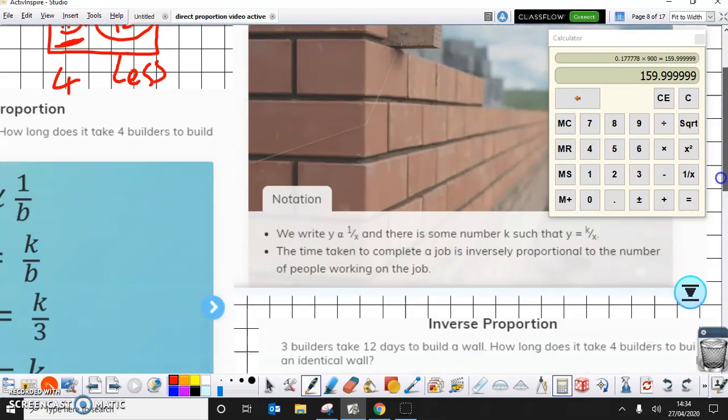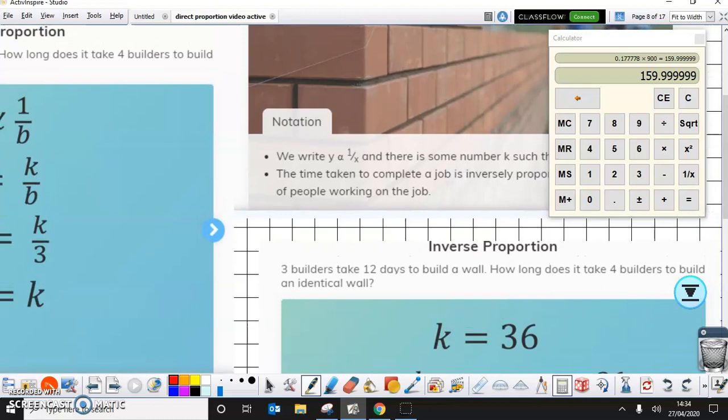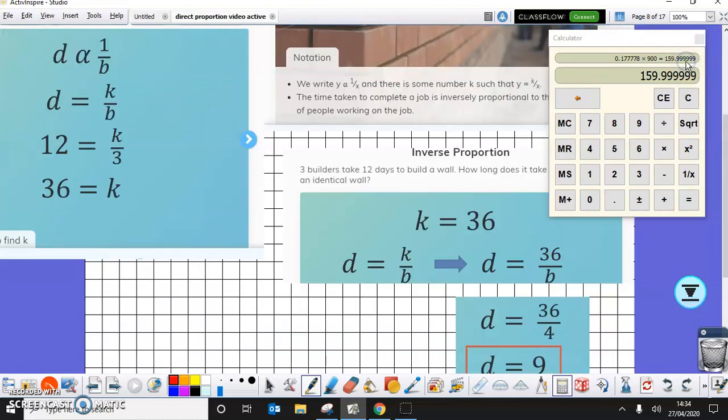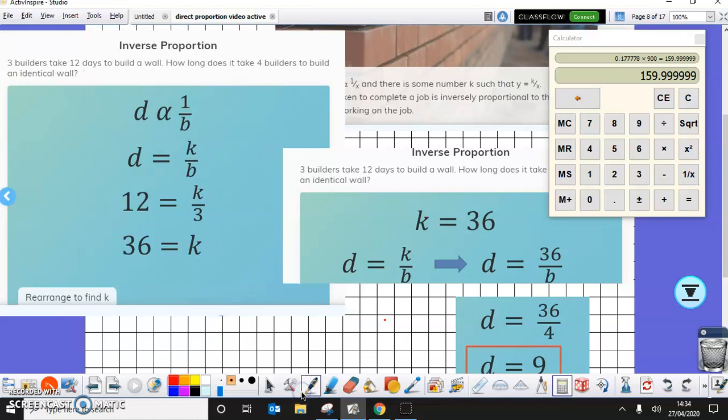So let's look at the next part, the notation side. So we've got this on here. If I'm looking for the number of days, it is inversely proportionate. Okay, the only difference is my proportion sign is still the same. It's still my little fish. And because it's inversely proportionate, the only difference is the number of builders is always the bottom figure, 1 over the number of builders.